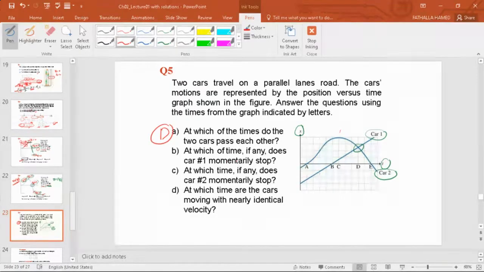Now they ask you at which time, if any, does car 1 momentarily stop. So you look at car 1. If this is x and t, and you take the slope and you find the velocity of car 1, it never has velocity equal to 0.